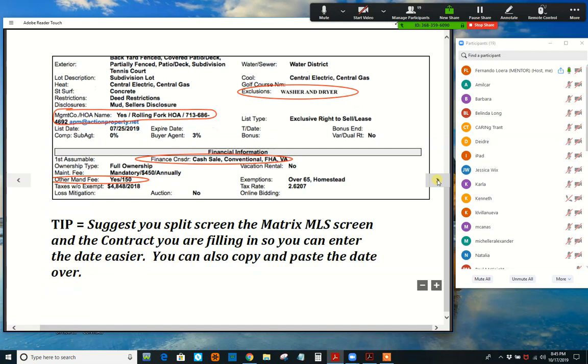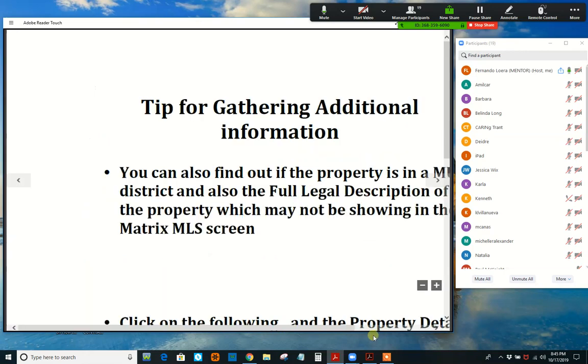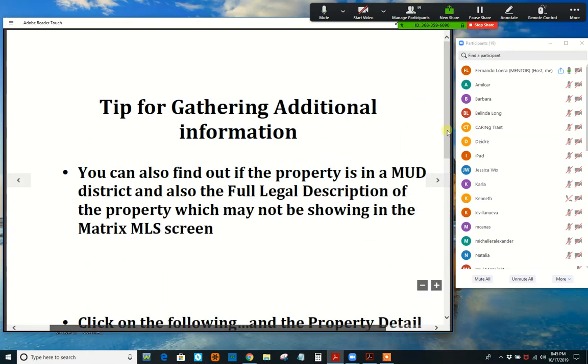Okay. Another tip is gathering additional information. A real common question that new agents always try to figure out is, is there a MUD? Or what is a MUD, which means municipal utility district or water district. I can show you in a minute how to find that information.